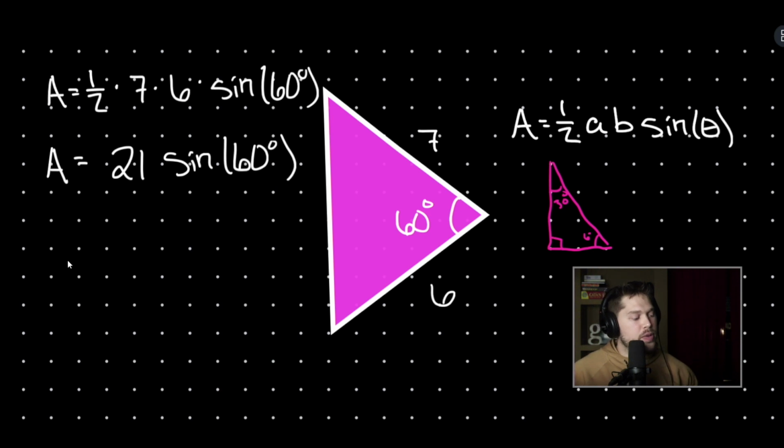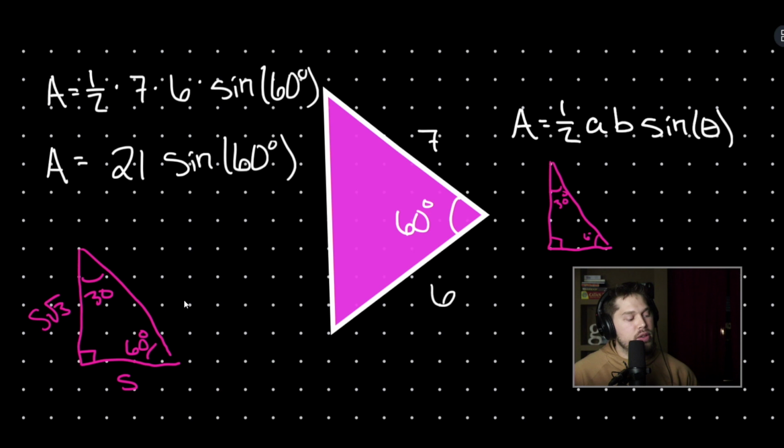Let's make this bigger. Let's move it over here. Make it bigger so we can clearly see what's happening. So this is 30, this is 60, this is of course 90. So opposite the 30 degrees you have some side length s, opposite the 60 you have s√3, and your hypotenuse is 2 times the side length.